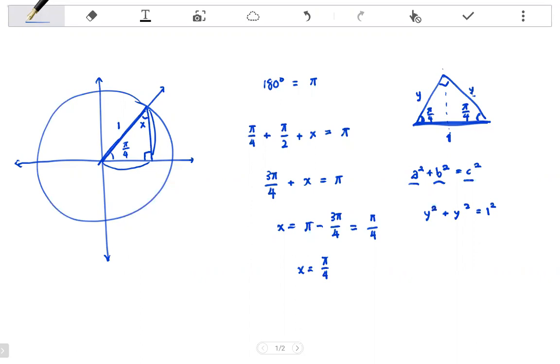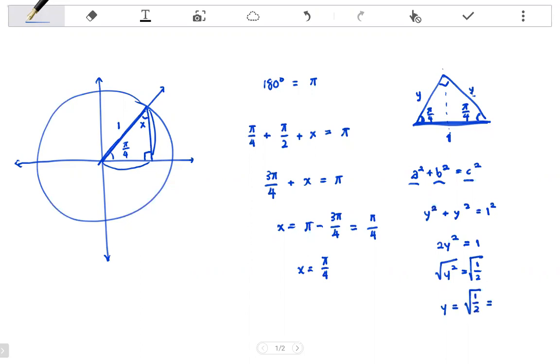Y squared plus y squared just simplifies to 2y squared. 1 squared is just 1. Y squared equals, if we divide by 2 and get rid of it, it's going to equal half. To get rid of the squared, we can take a radical on both sides, leaving y equals square root of half.